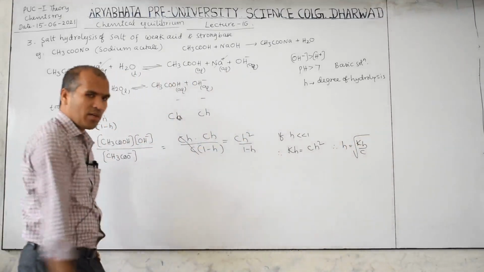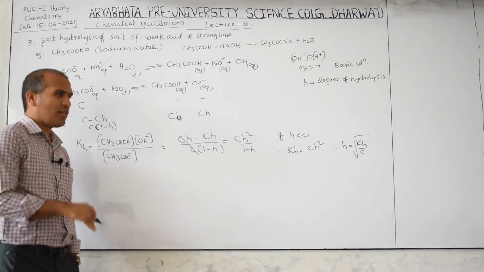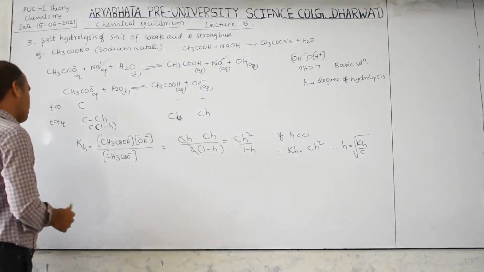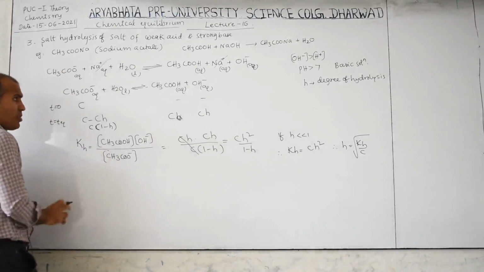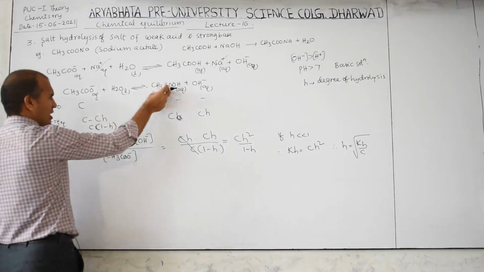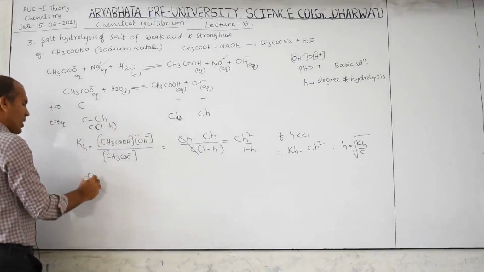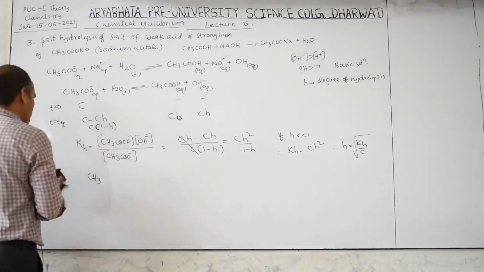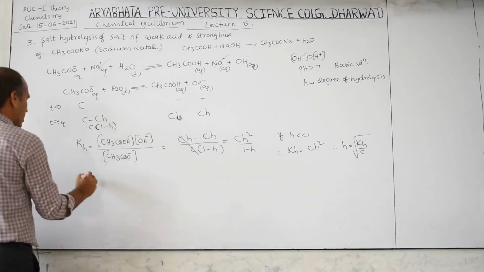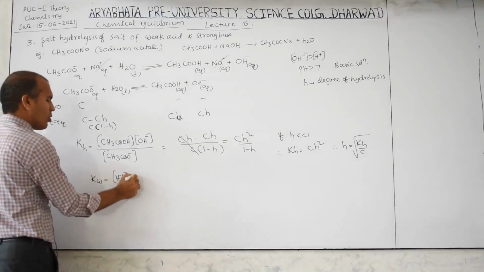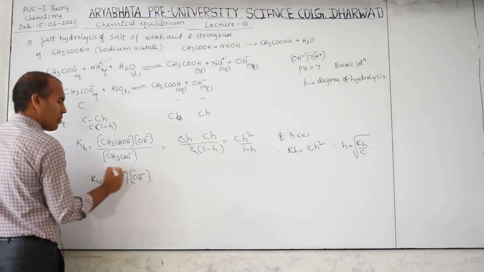You remember this will come in the next step. Actually, in the previous class I gave the middle steps, but here I directly gave it now. Keep in mind this is the expression according to this equation. Now in this, acetic acid is the weak one. Before that, we also know what Kw is: Kw is equal to H plus ion concentration times OH minus ion concentration.